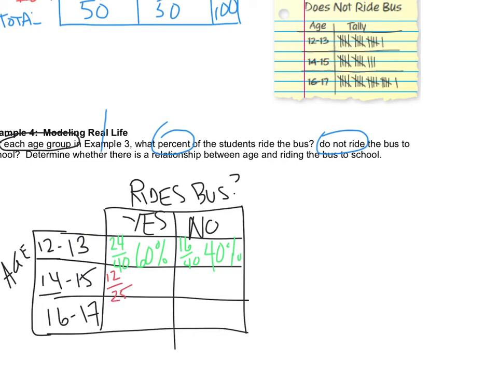And then we have 13 out of 25 that don't take the bus. Okay, so again, if I do 12 divided by 25, I get 0.48. As a percent, that is 48%. 13 out of 25 is 0.52, which then gives me 52%. Okay, so just using our fractions to be able to find these answers.